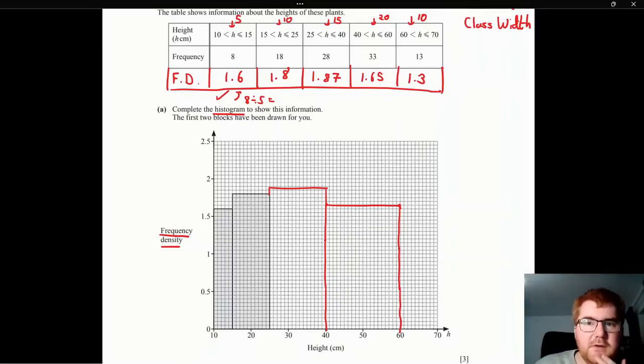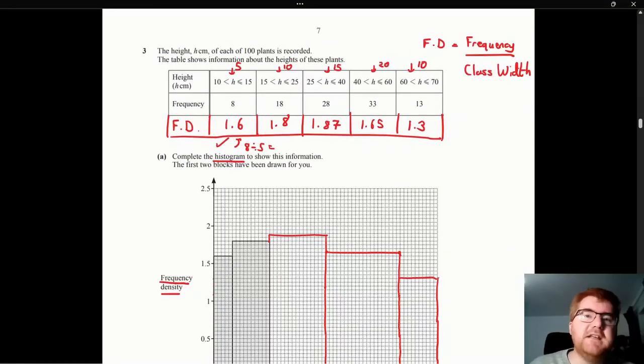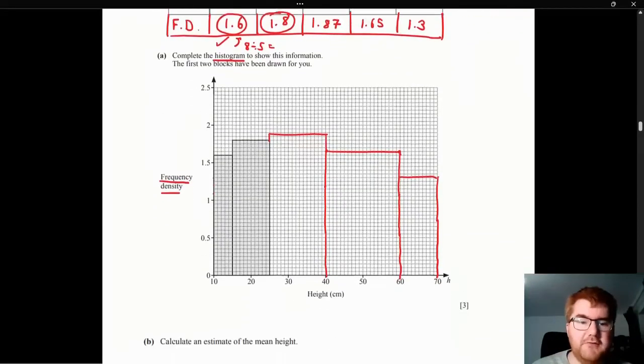Perfect. And then the last one is going to 70, 1.3. So that's 1.1, 1.2, 1.3, and just goes all the way across to the end, which helps us a little bit with our drawing. So we get the 3 marks. Just be very careful. And the key exam tip here is to use these values to check you're doing the right process and not the other way around.